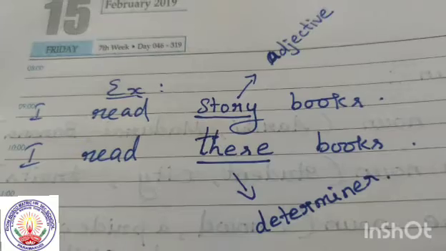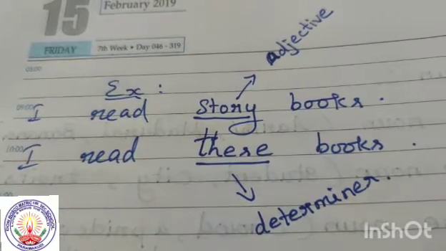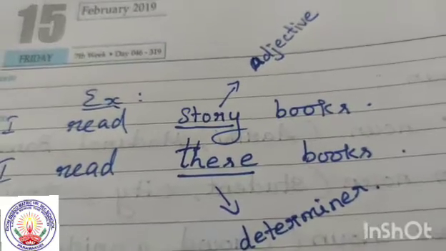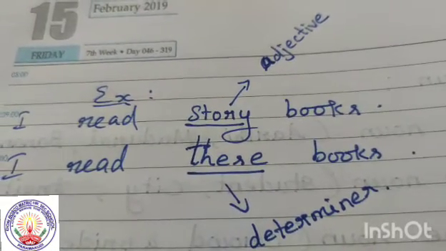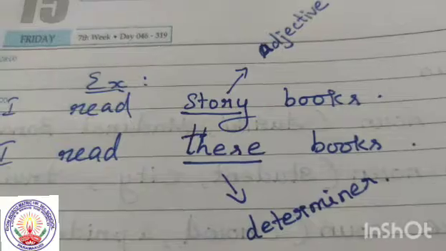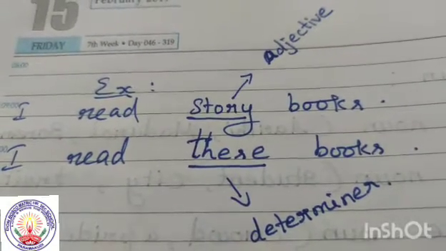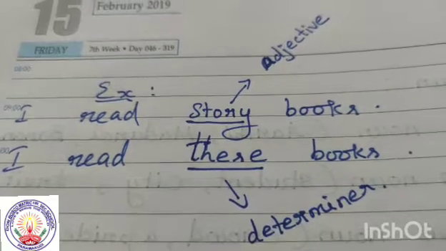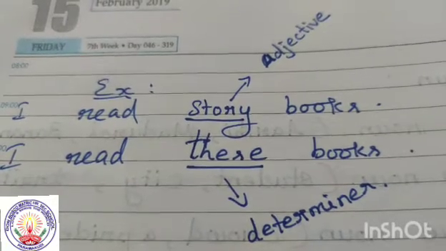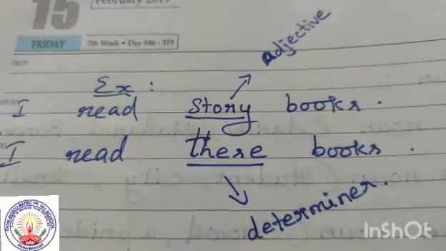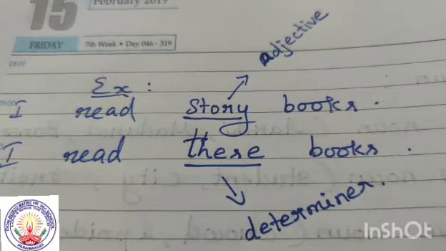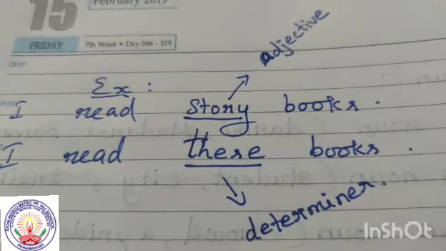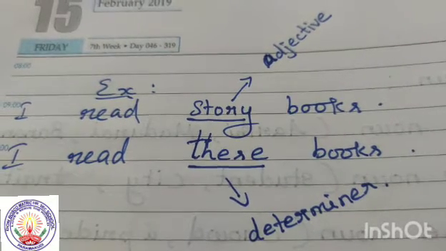And in the other sentence, before the word books, the word these. The word story describes the noun books. What kind of books are these? Storybooks. So the word story qualifies the noun books. So it is called an adjective.